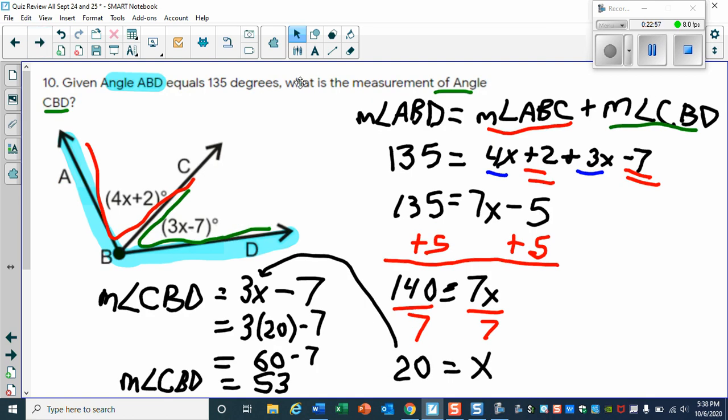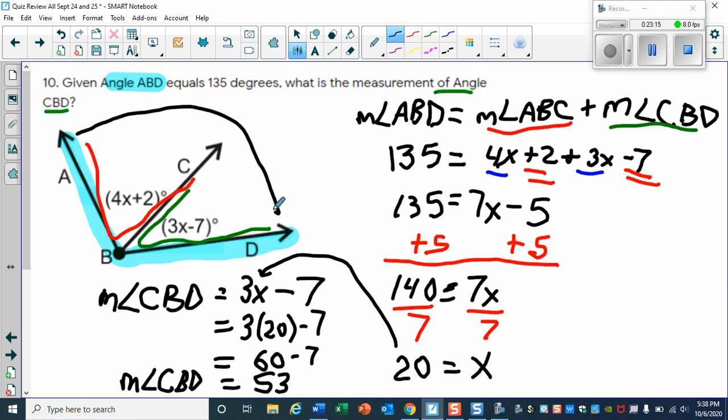Now 20, ABD is 135. So they told us the overall measurement. Overall measurement from here all the way to here. Grand total is 135 degrees. Now, angle addition postulate says overall angle ABD is the same as adding ABC plus CBD.